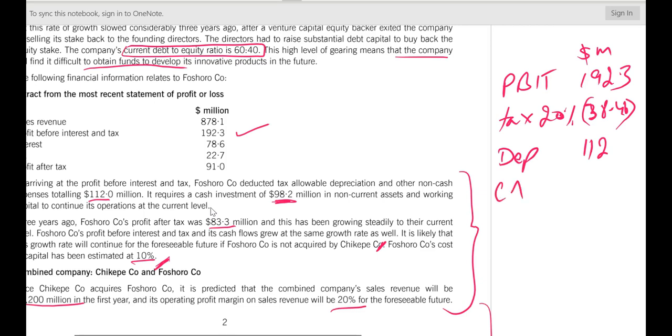Then we will deduct the capex, and that is equal to 98.2. So the sum of all these cash flows will be FCFF: 192.3 minus 38.46 plus 112 minus 98.2. It is equal to 167.64.